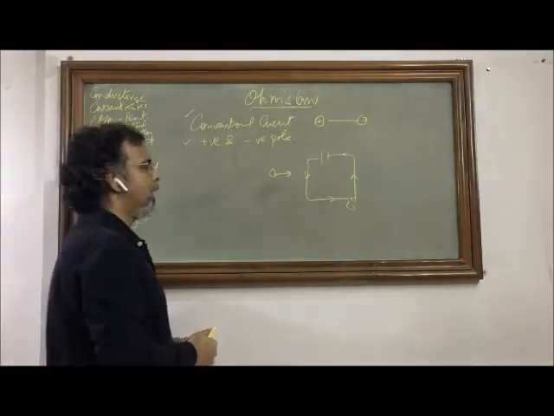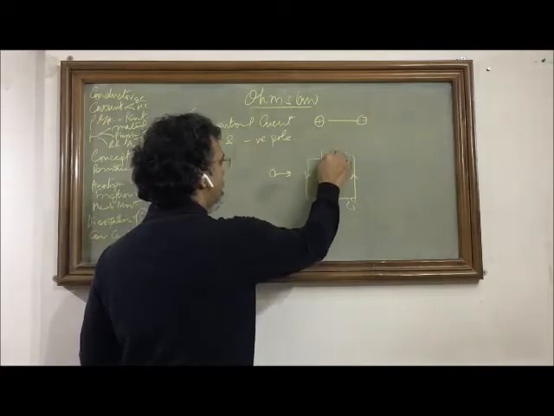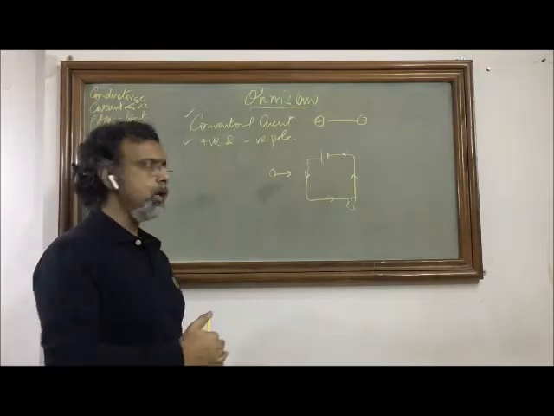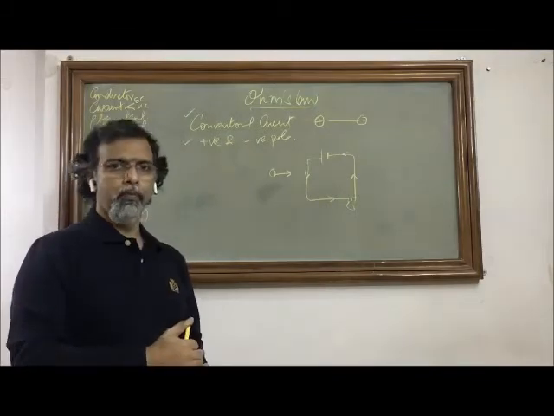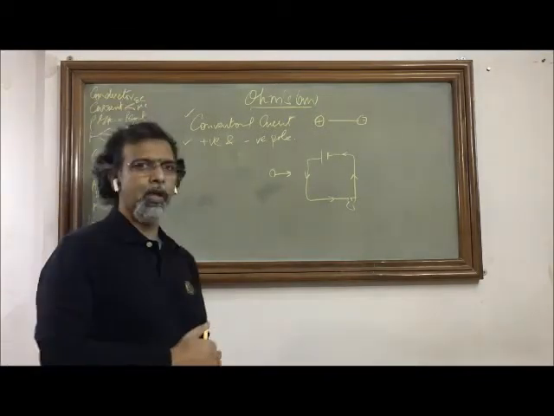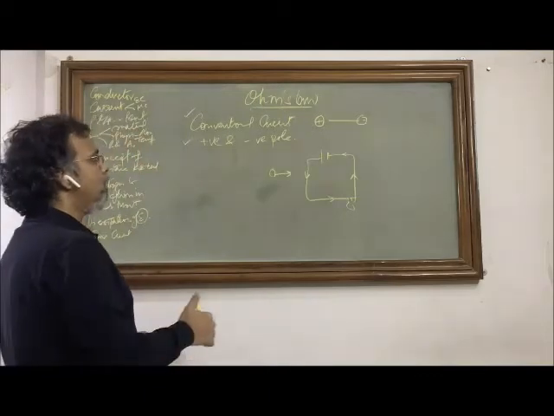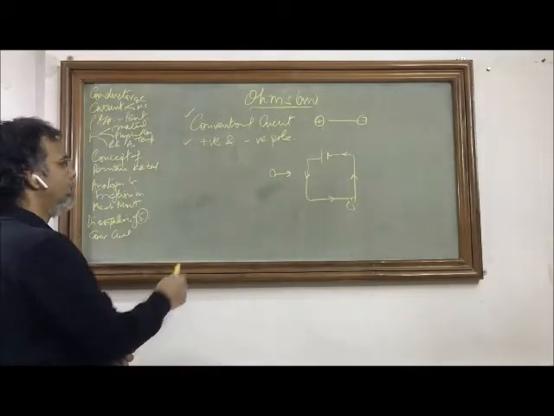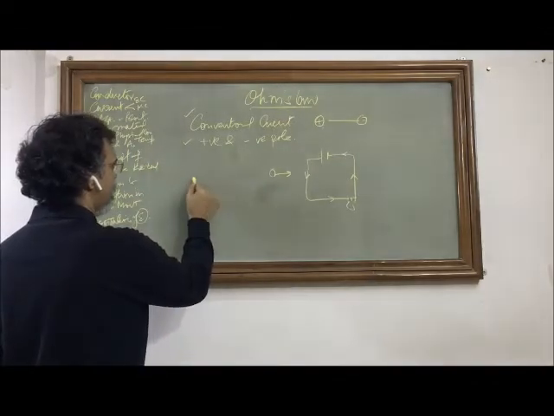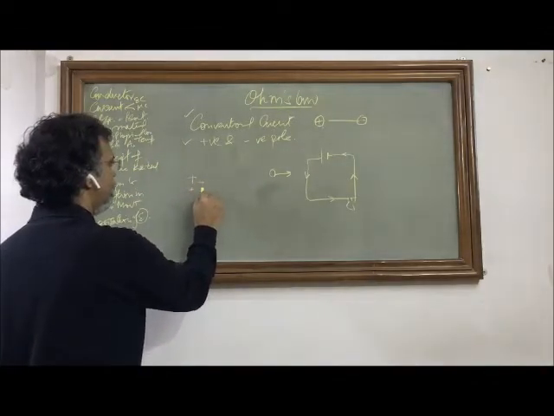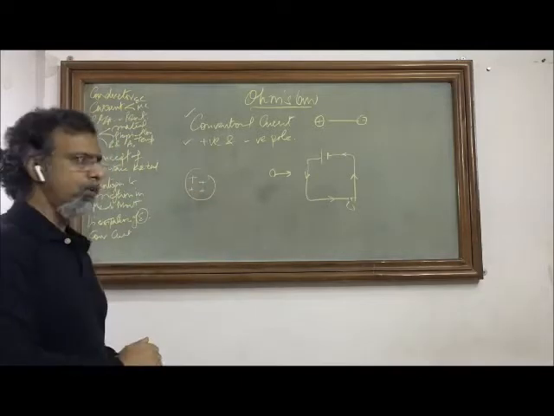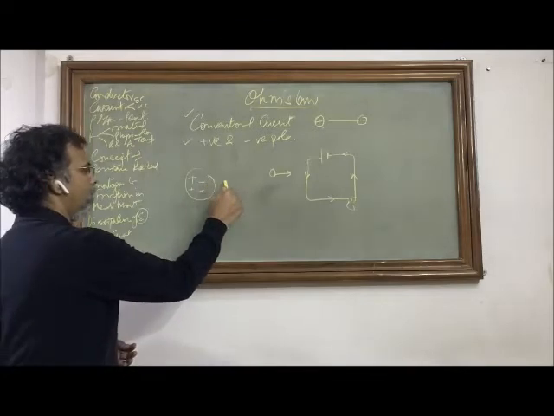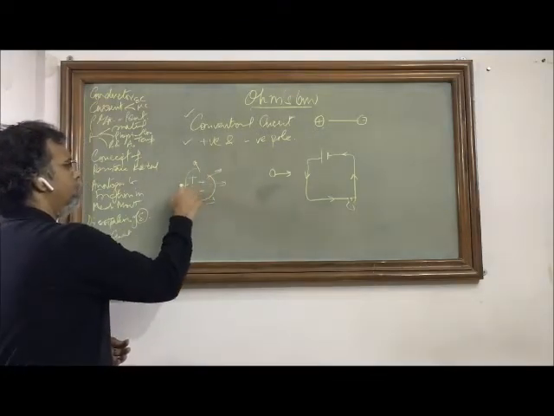And here the positive and negative means the positive pole and the negative pole of the source which is supplying the energy or which is maintaining the potential difference in this circuit. So now what is this positive and negative pole? As per the electrostatic force, even if we have a single positive pole, we will be having electrostatic force and these charges would move.